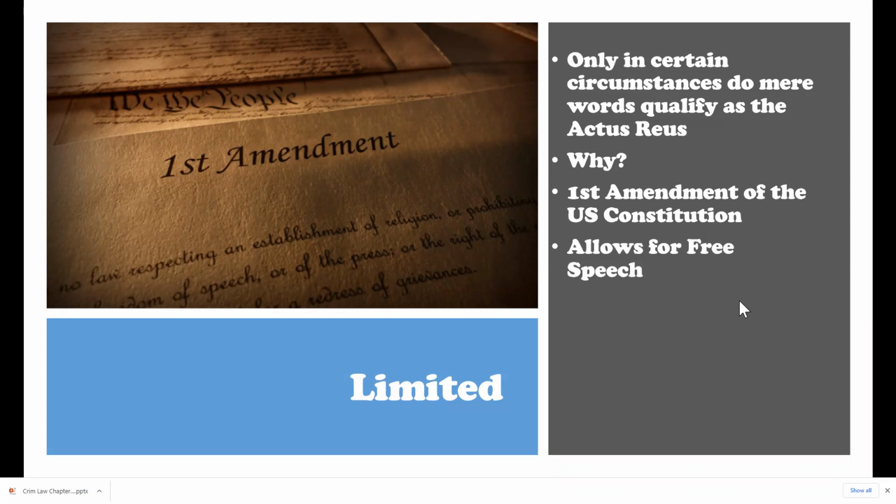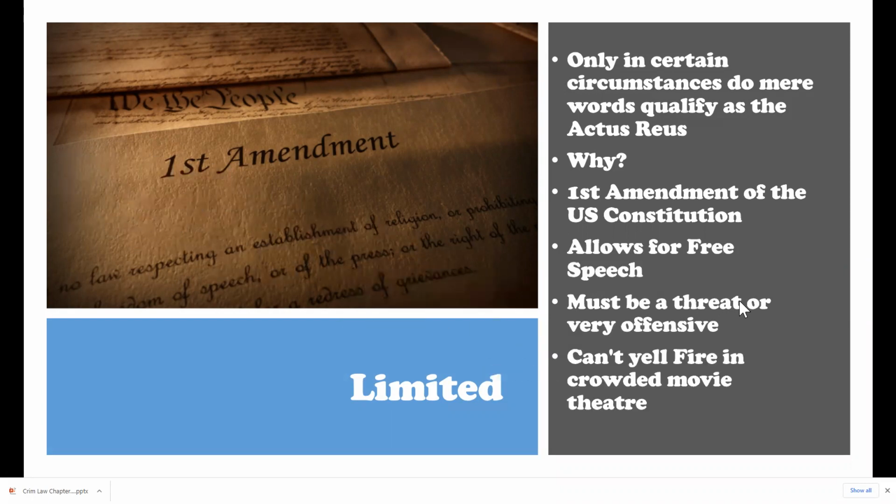The words that the government can regulate are threatening words or very offensive words, or words that could cause harm, such as yelling fire in a crowded movie theater. So that's what makes it difficult for us to just criminalize words. We can, but we have to be careful because of the First Amendment.